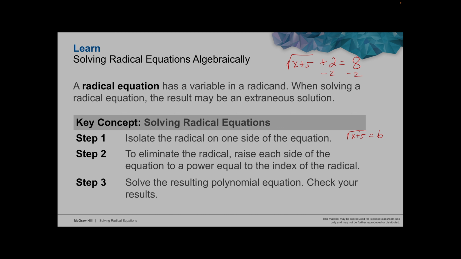Squaring it eliminated square root. Cubing it eliminated cube root. Squaring this is going to eliminate the square root. So we're going to square both sides. The squaring eliminates the square root, so we're just left with x plus 5 equals 36.